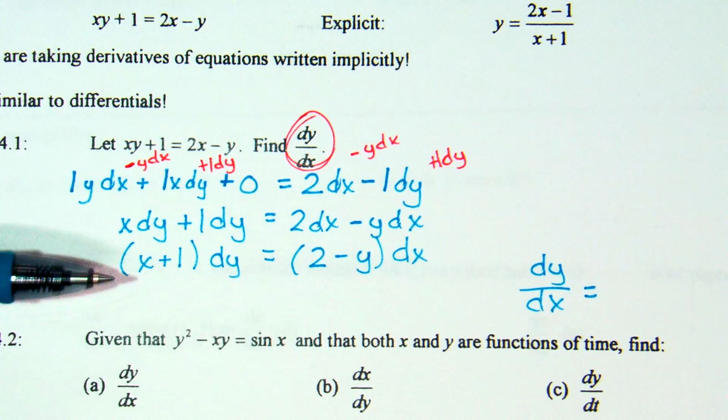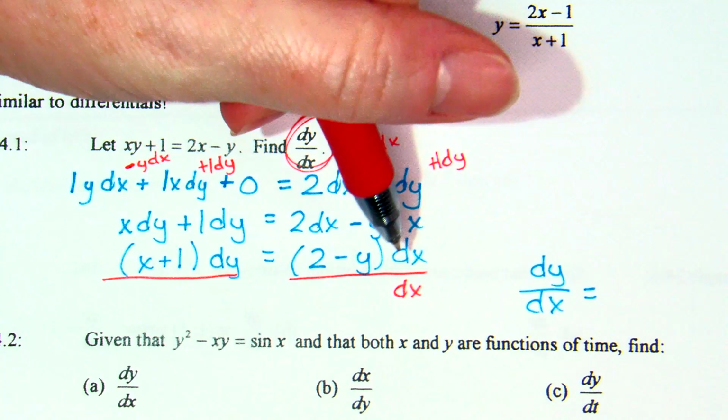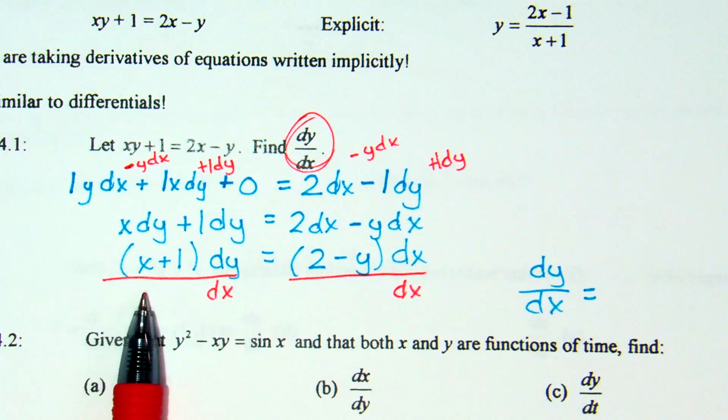One thing I have to do is divide the dx over. So to move this dx, we divide it on the right. If you divide the dx on the right, you divide it on the left. Now, on the left, I have set up dy dx here, yes? But what needs to move that I can't leave there? The x plus 1. So that means I'm going to divide the left by x plus 1.